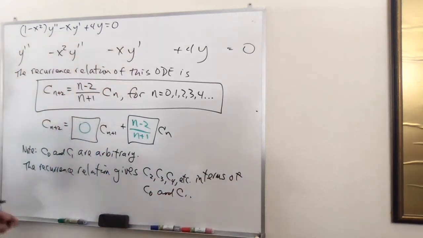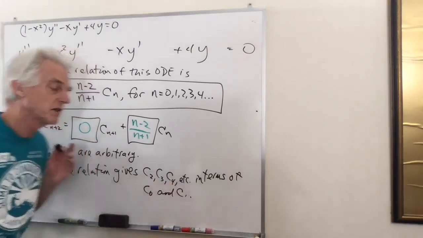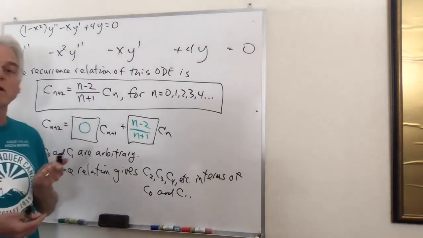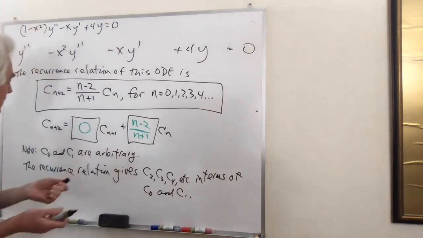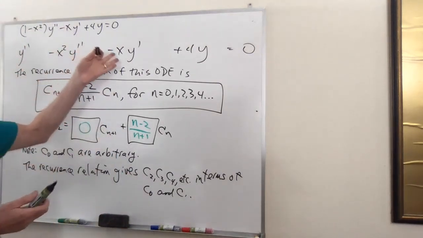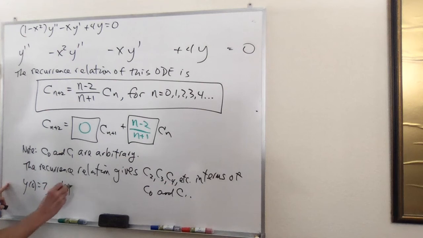Okay, and that's what we call solving the recurrence relation. Solving the recurrence relation, C0 and C1 are arbitrary, and then we find out what all the other C's are in terms of C0 and C1. Or alternatively, you might have an initial value problem and say, I want to solve this differential equation with, say, y of 0 is 7 and y prime of 0 is 3.